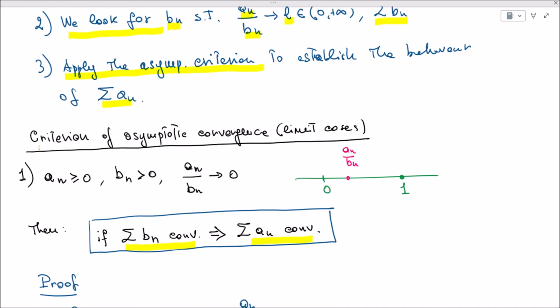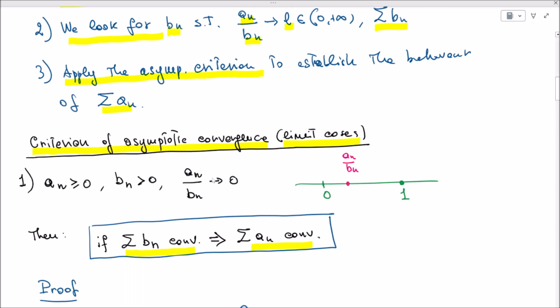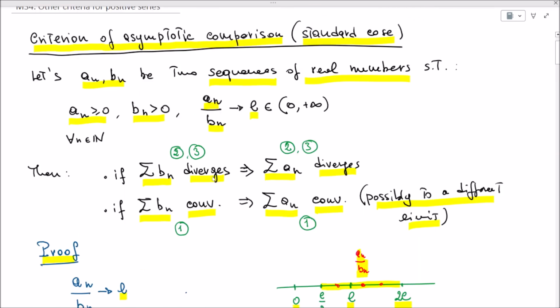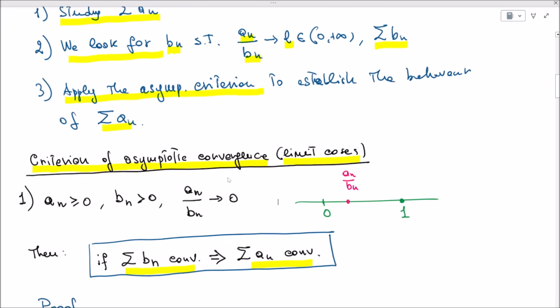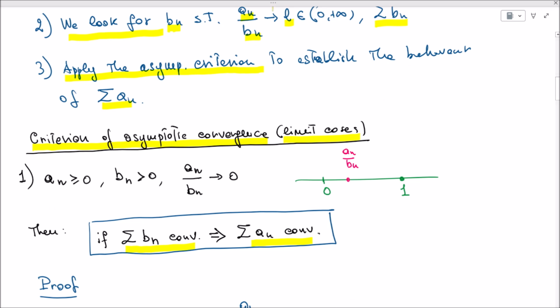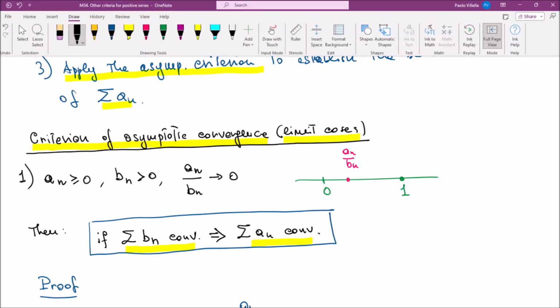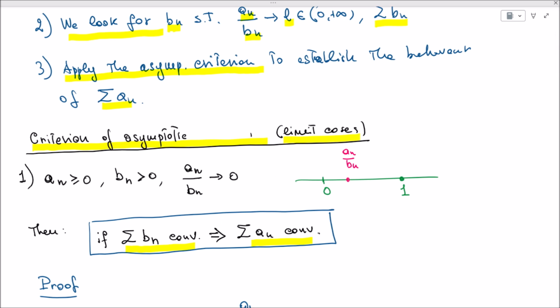So we still have the criterion of asymptotic comparison, because this is what it is, comparison, but now we'll call this the limit case, okay?